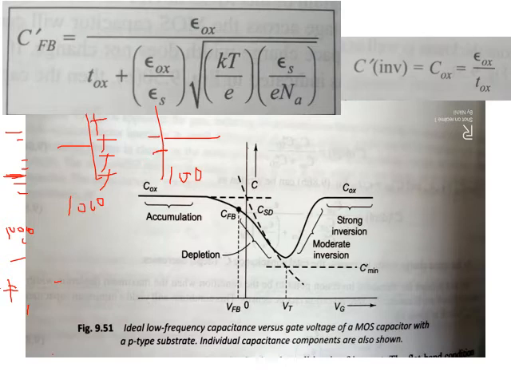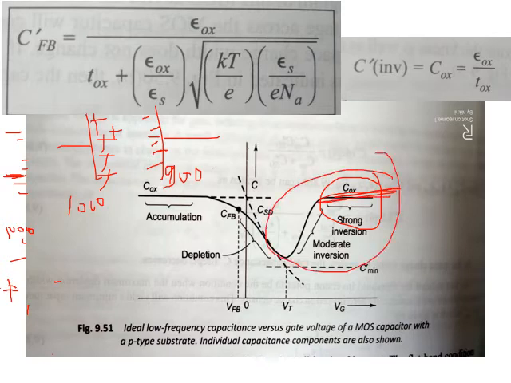But what happens in strong inversion? If here also 900 charges come, then it is strong inversion. At that time, for strong inversion, the capacitance reaches maximum again. Correct. So in low frequency, we have moderate inversion and strong inversion.